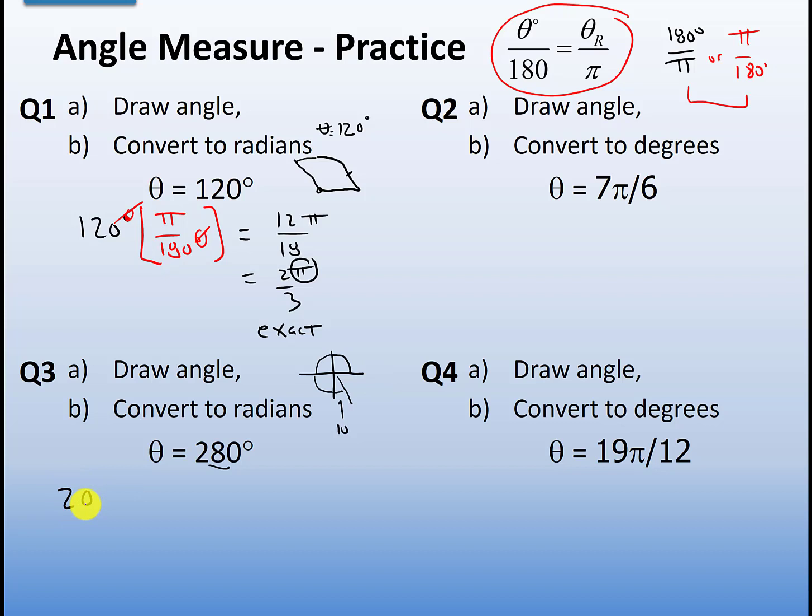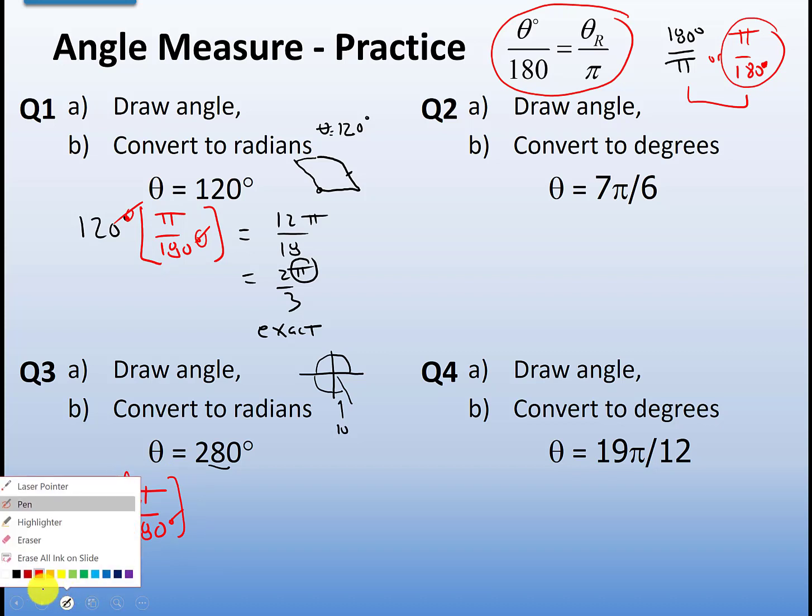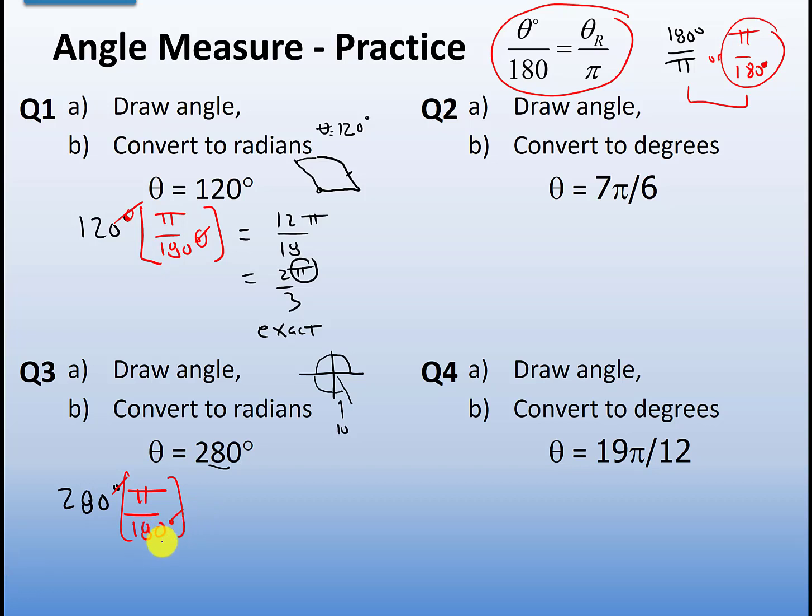So 280 degrees, I want to convert that. It's degrees. I don't want degrees anymore. So that means the red one over here will convert, pi over 180 degrees. So the degree unit on the bottom cancels the degree unit on the top. And I don't have any units anymore. And so it's a radian value. Now immediately I can see the tens cancel.